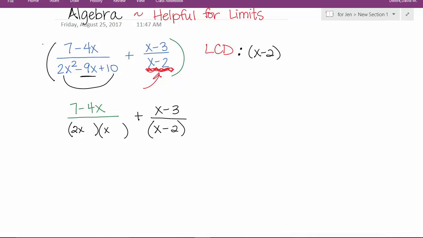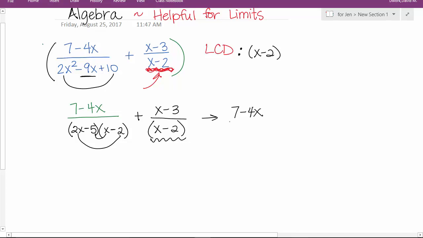I'll figure it out, but I also want to use what you're given. So maybe that factor is x minus 2, and if it is, this factor needs to be 2x minus 5. Then you can check your middle term: there's minus 5x and minus 4x, and indeed that adds to negative 9x, so I know I factored it correctly. If I rewrite my problem a little better, I have 7 minus 4x over my two factors, and I'm adding the quantity x minus 3, which I'll put in parentheses.